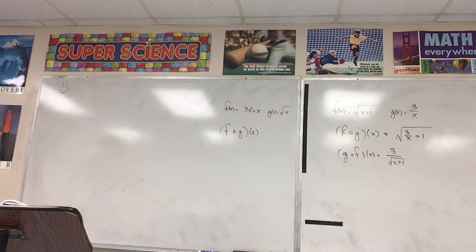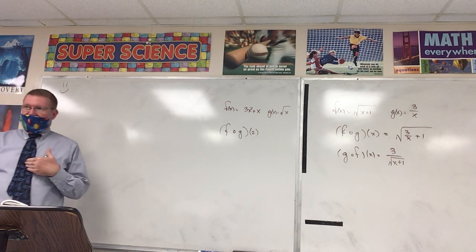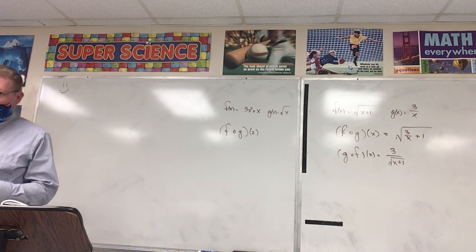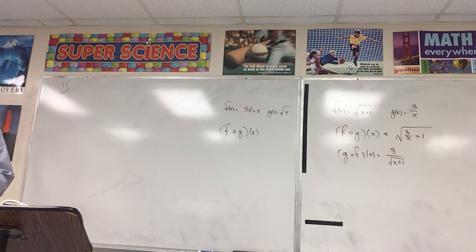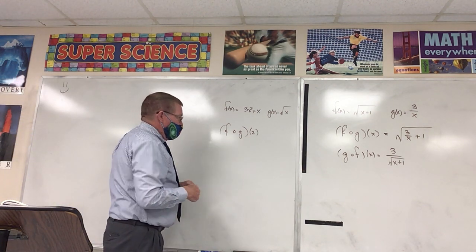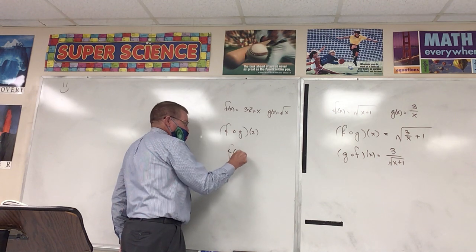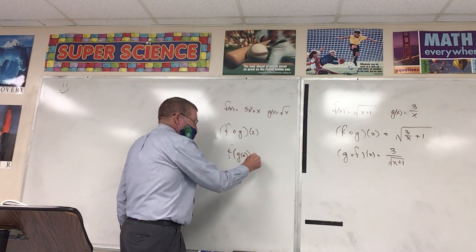Alright, there's a method of doing this. We're putting the last function into the first function. So what really happens here, if I have a number, I'm going to evaluate the second function first at that number, get an answer, take that answer and put it into the first function. So what this really looks like is f of g of 2.